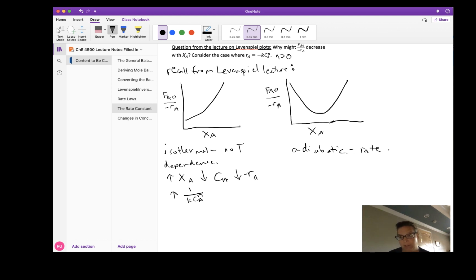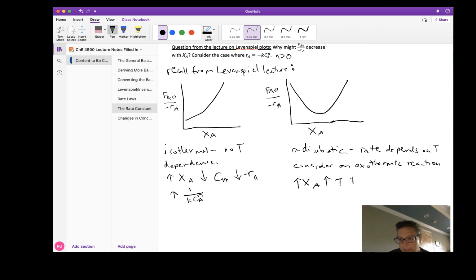So let's consider the case of an exothermic reaction. In this case, as the conversion goes up, the temperature goes up. An exothermic reaction gives off heat. So the more of the species A that reacts, the higher the conversion of A, the more heat that's given off, and thus the temperature goes up.